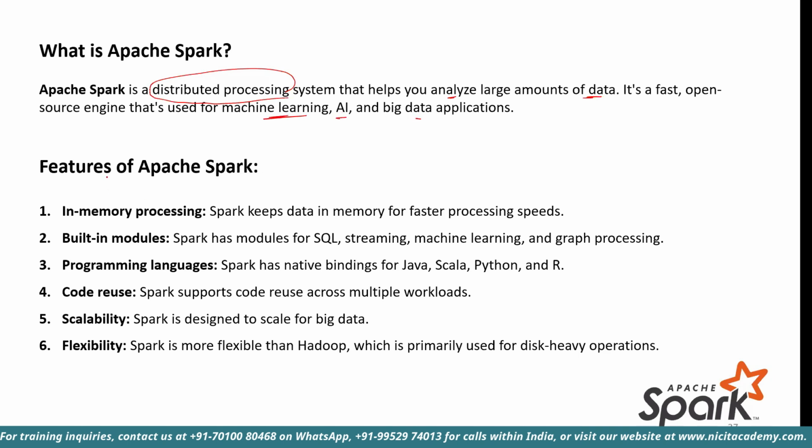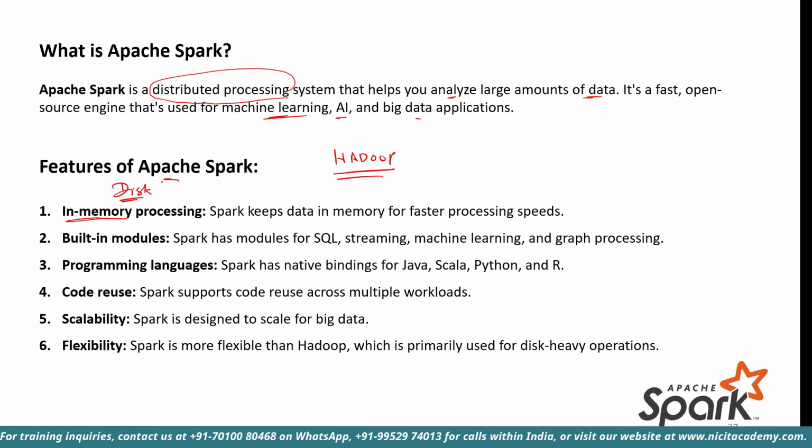Okay, now let's see the features of Apache Spark. It has the capability of processing in memory. It means it doesn't require a disk basically. So it will not be processing the data on the disk. Hadoop processes on the disk, so it does use the storage to process the data.